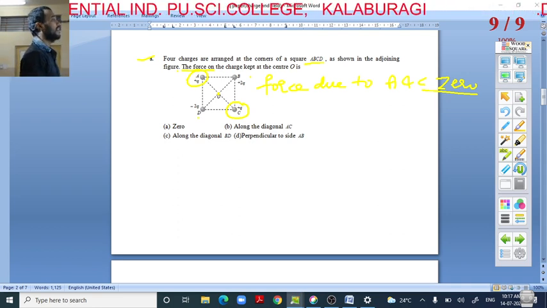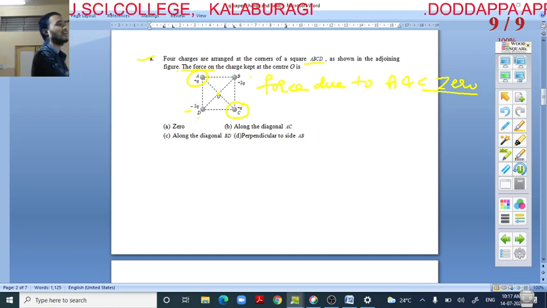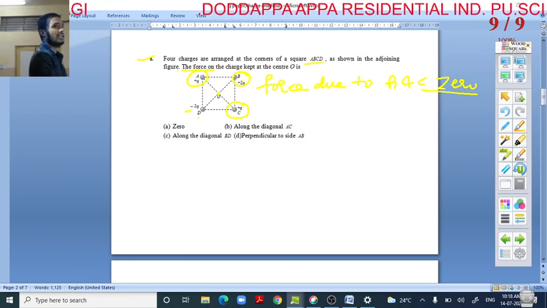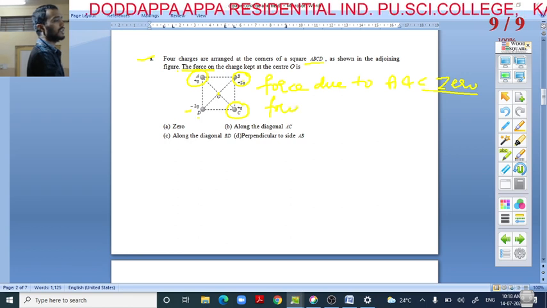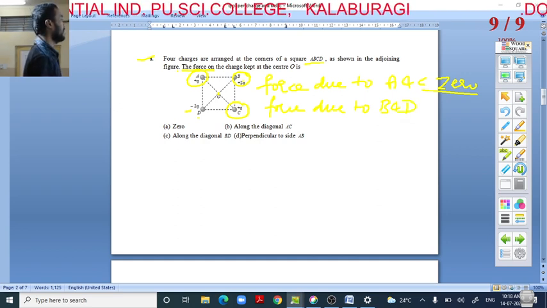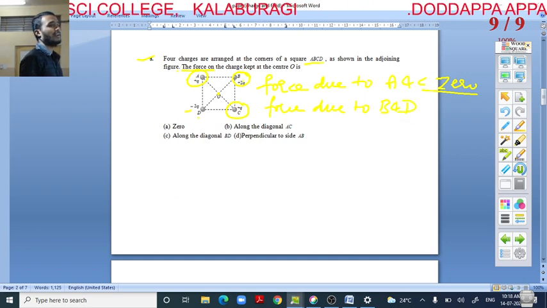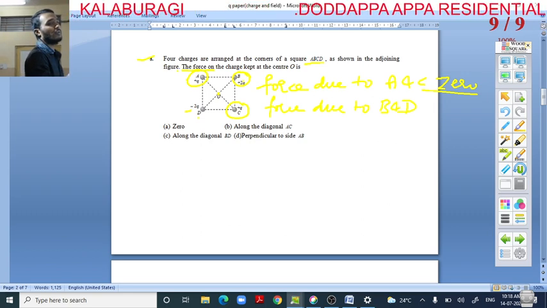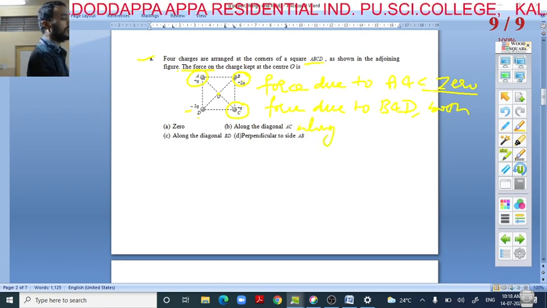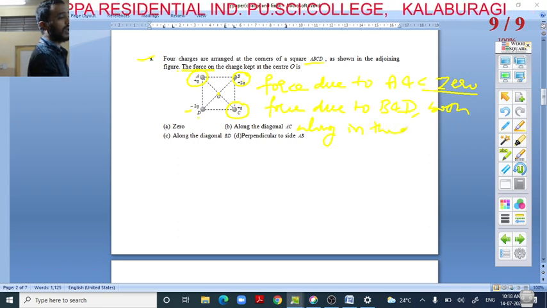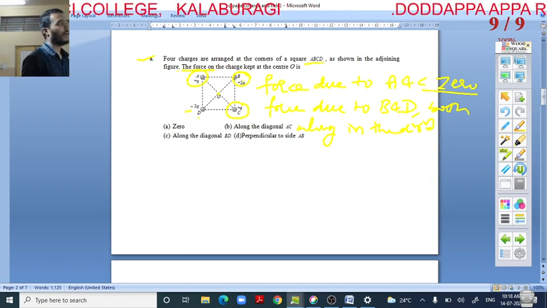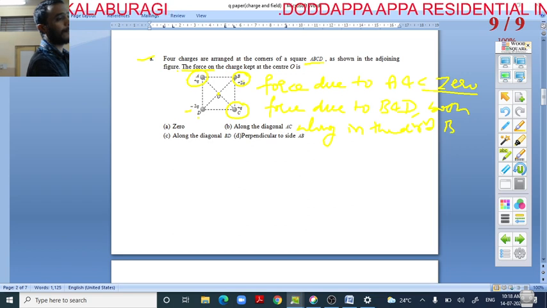And here you will observe, here we have a negative charge and here we have a positive charge, and the resultant force due to B and D, both B and D, is along the direction BD only.